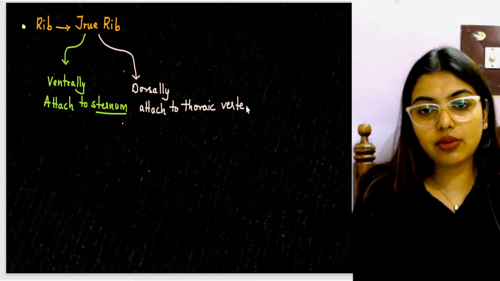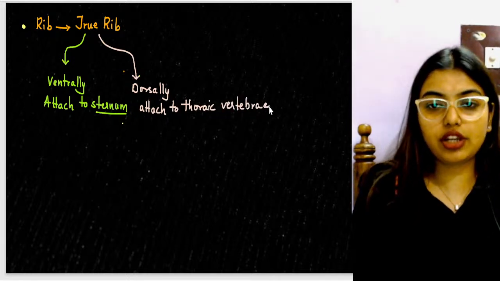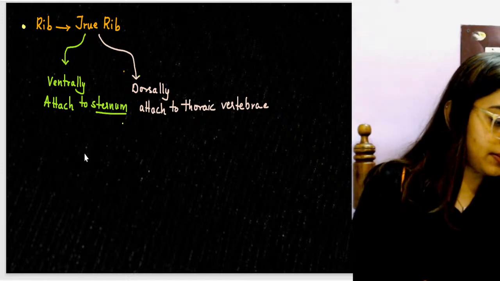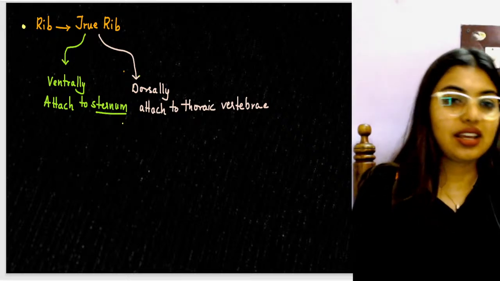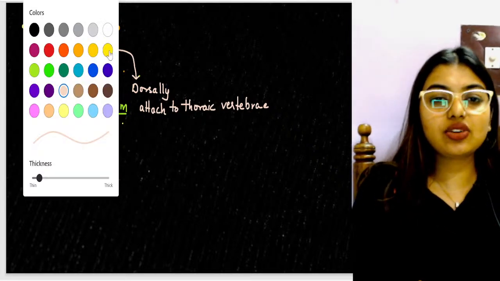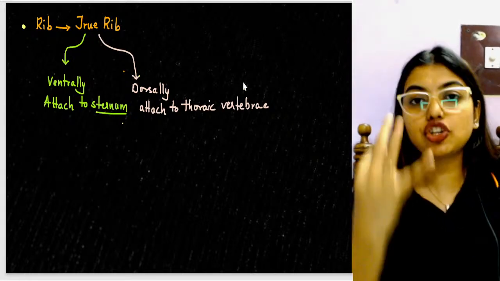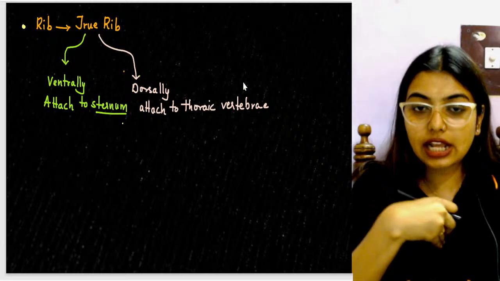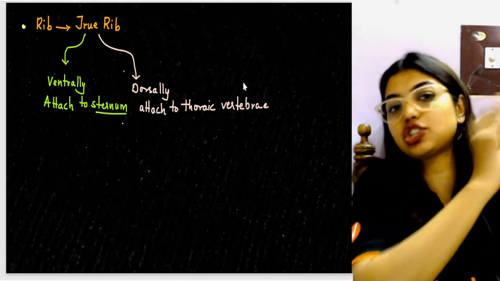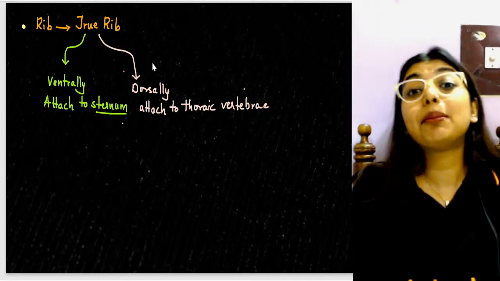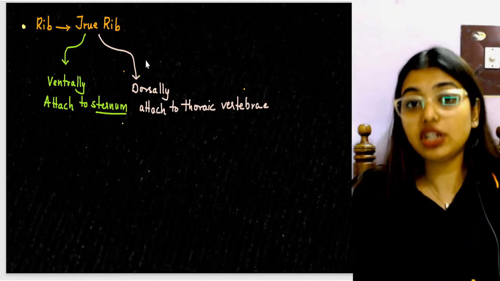This is when I will call a rib true. Okay, true rib. Yes? Okay. So now listen carefully. If I want to call something true, it has to ventrally attach to my sternum and dorsally attach to my thoracic vertebrae. But if it does not do this, I'm going to call it the false rib.